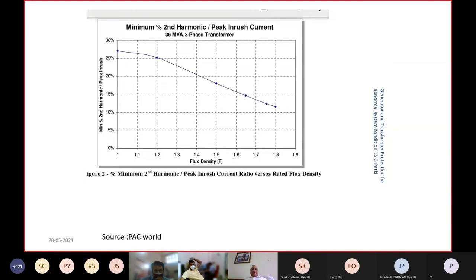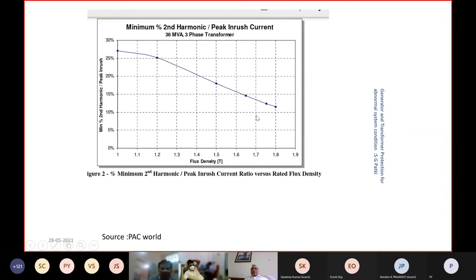Then with the new material, what has happened in the transformer industry, as you all know, is that we are now operating transformers at much higher flux density compared to the good old transformers. Good old transformers used to have 1.4 or 1.5 Tesla as flux density. Nowadays we go for 1.7. Now this is the curve which shows the effect of flux density on the minimum second harmonic and peak inrush current.